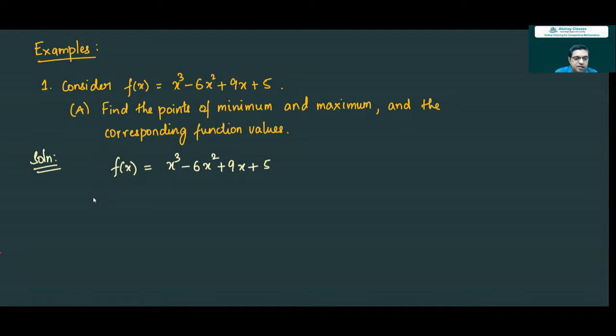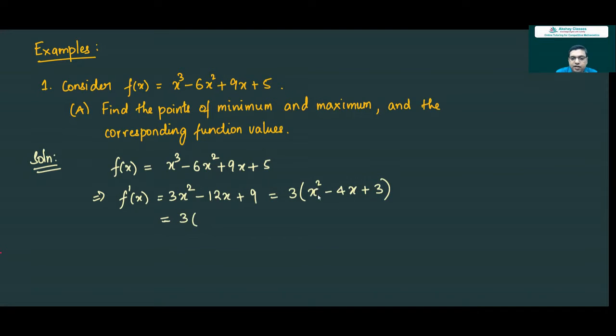Now differentiating, this implies f dash x will be 3x squared minus 12x plus 9, which will be 3 into x squared minus 4x plus 3.